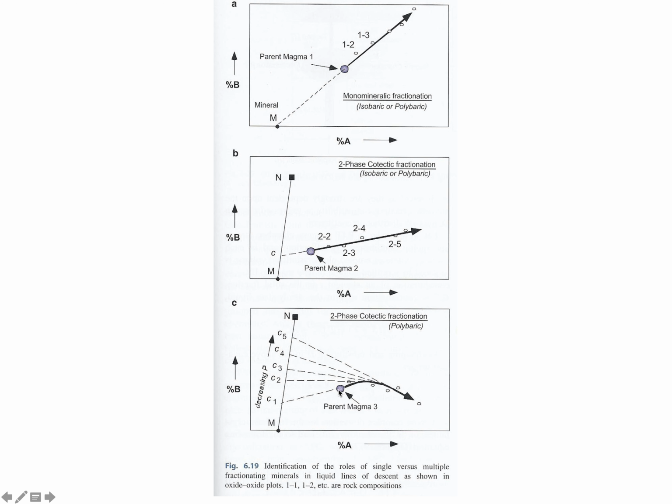And here we have a polybaric two-phase cotectic fractionation: the trend of our parental magma, and the trend of our mineral with decreasing temperature and decreasing pressure.